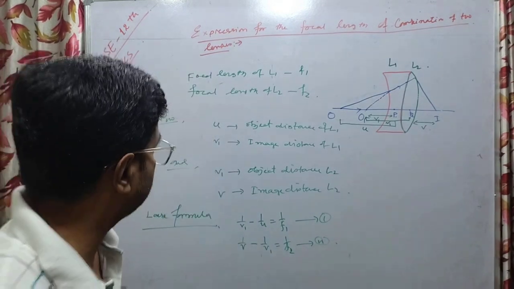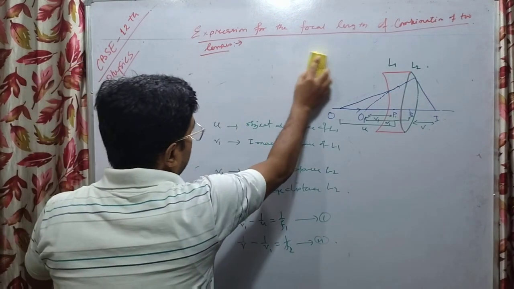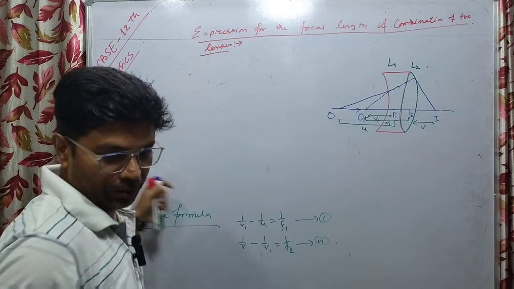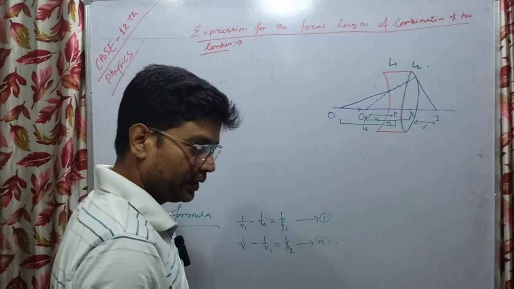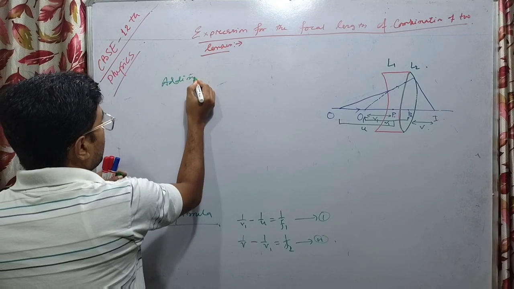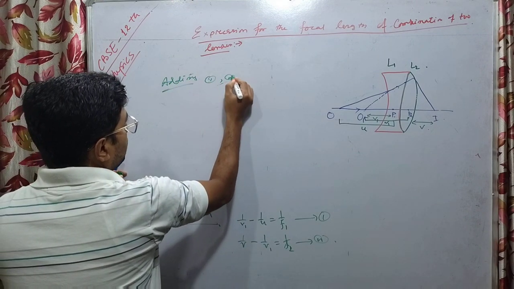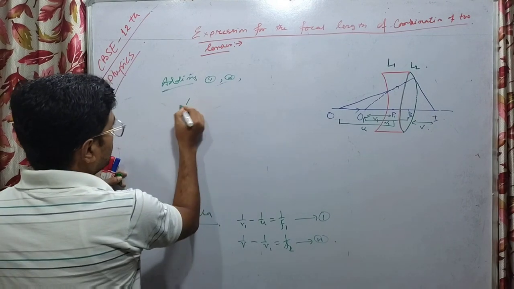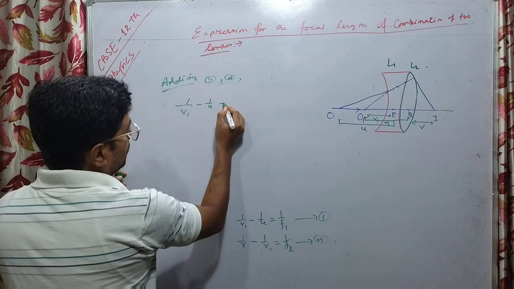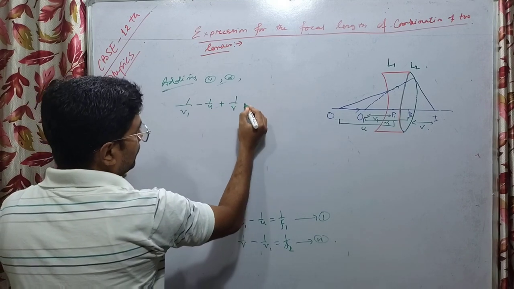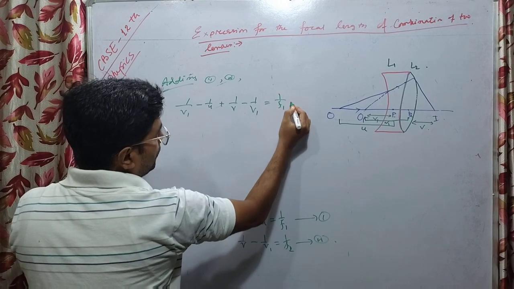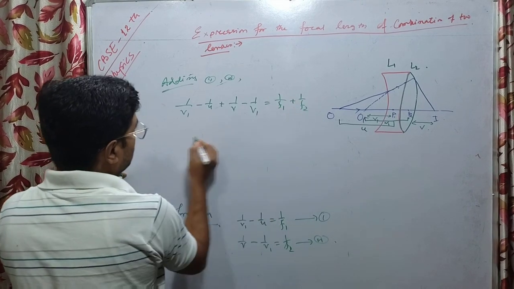Now students, what will I do? I will add these two equations to obtain the focal length. Okay? Adding 1 and 2, 1 by V1 minus 1 by U plus 1 by V minus 1 by V1 is equal to 1 by F1 plus 1 by F2.